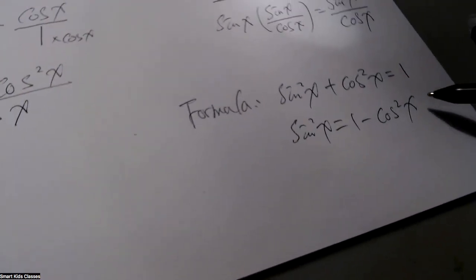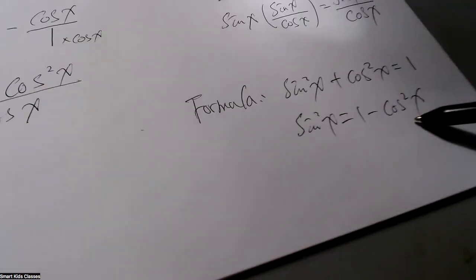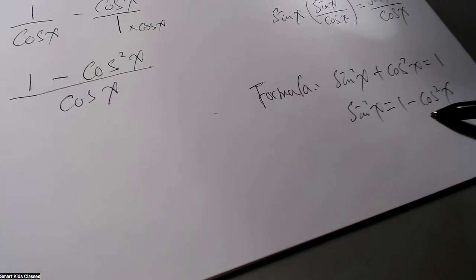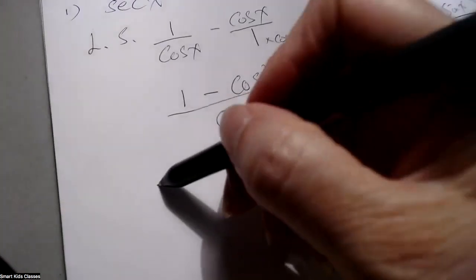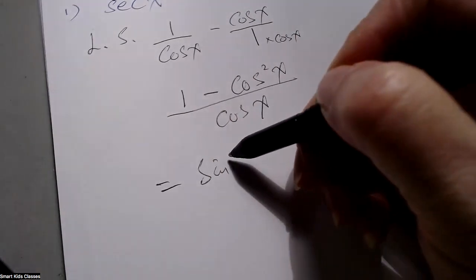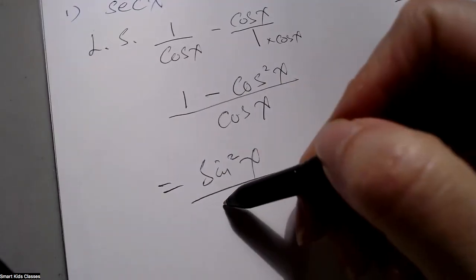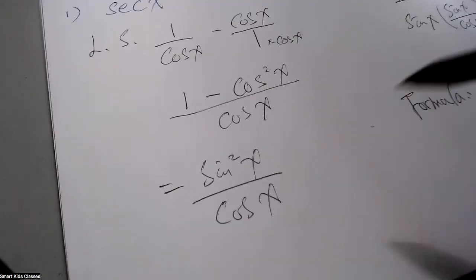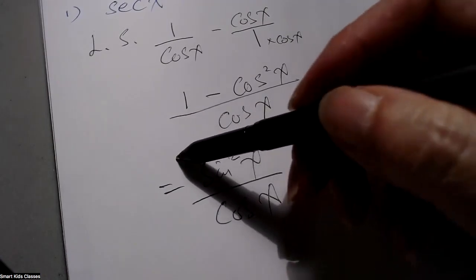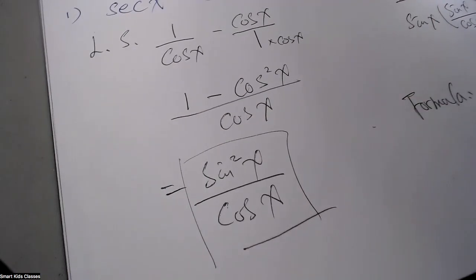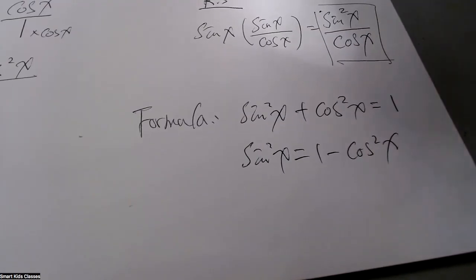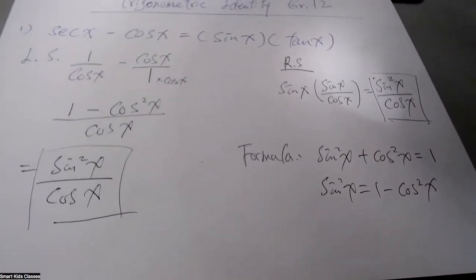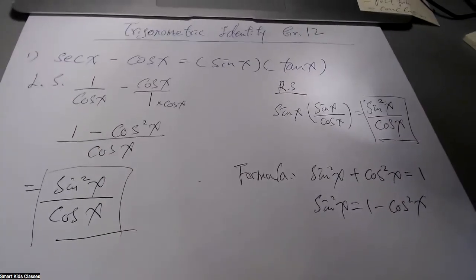Therefore, we use this identity to get 1 minus cosine squared x equals sine squared x, and we get sine squared x over cosine x. Now we get the left side equal to the right side. Well done. Now we are going to do the next question.